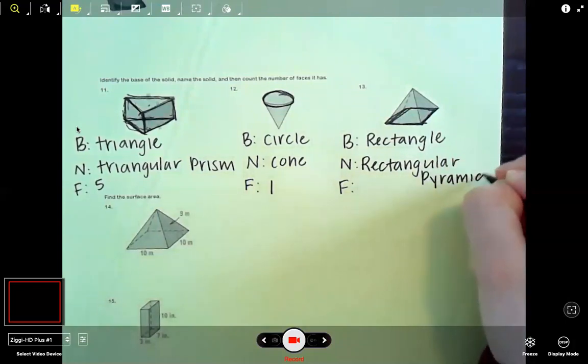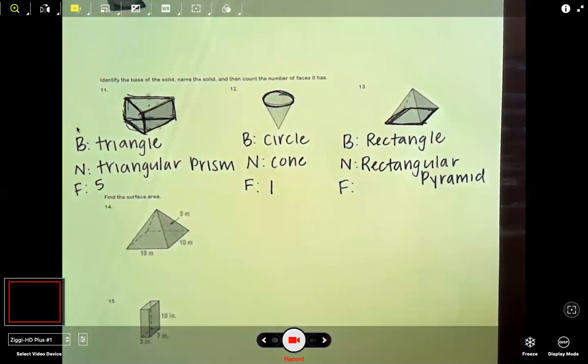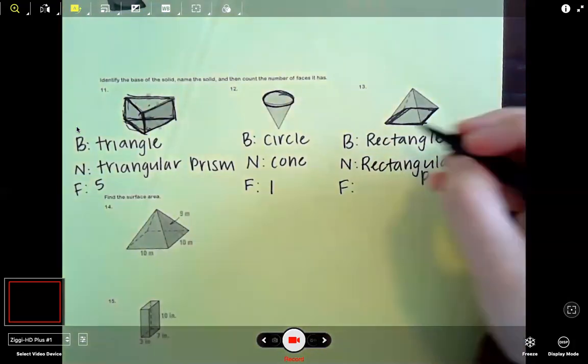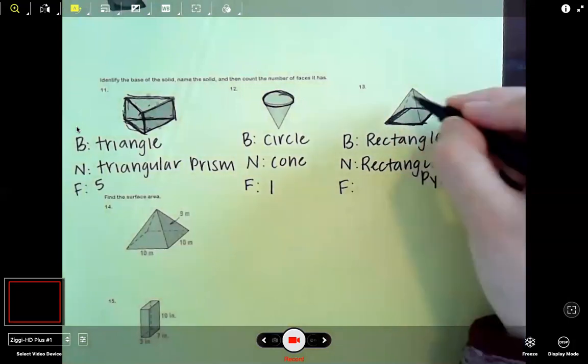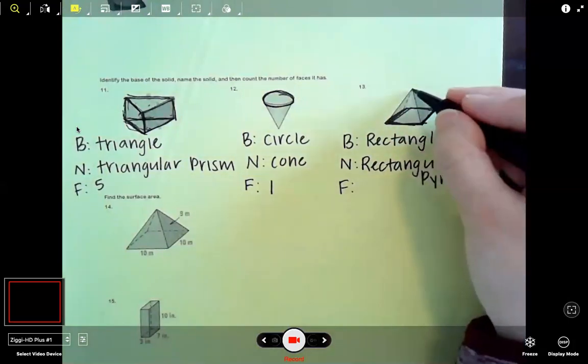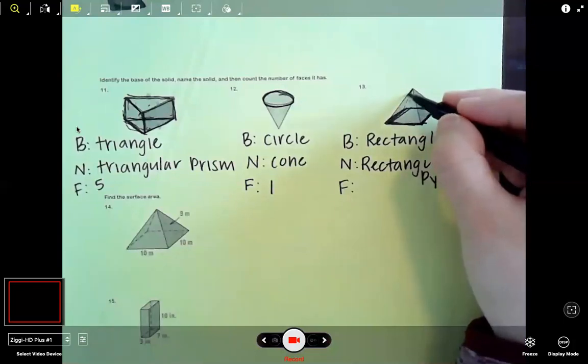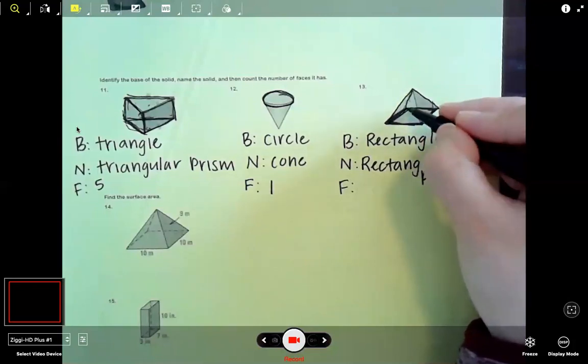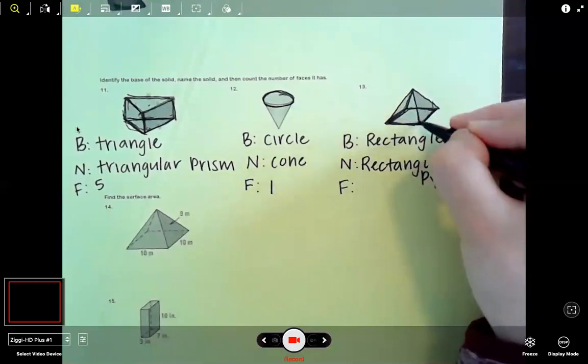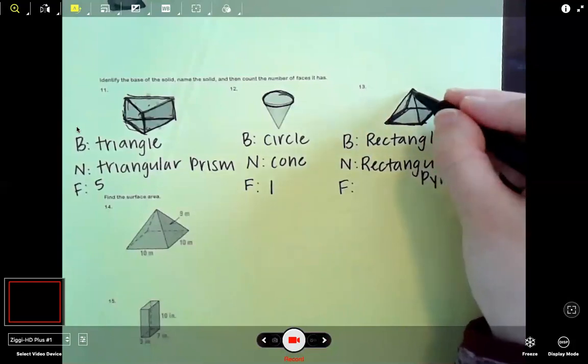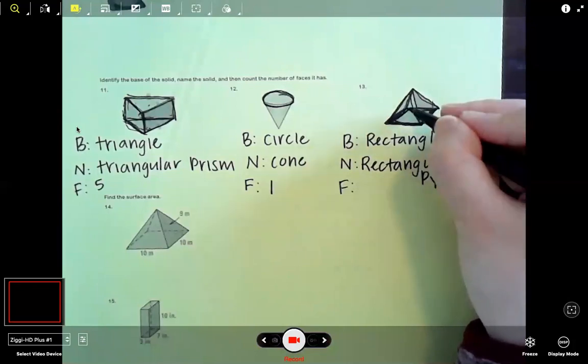Okay, now how many triangles make up that point up here? We have this one on the far side, so there's one. The one in the back would be 2. This one on the side would be 3, and this front one would be 4. And then the bottom rectangle is 5.